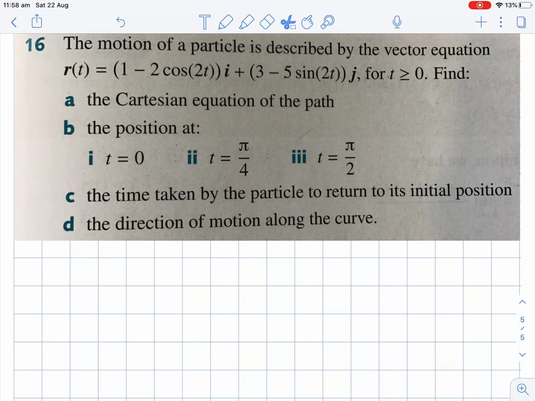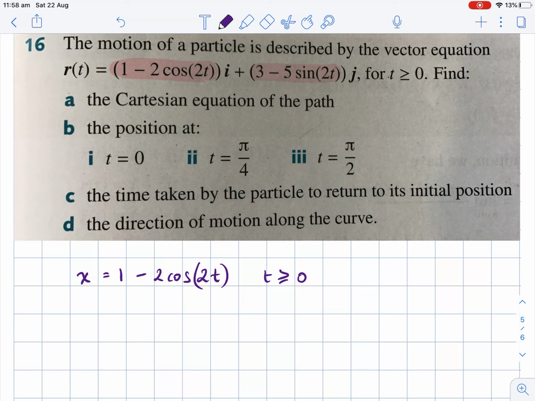And the first step here is we're going to find the Cartesian equation. So I'm going to recognise this as my x value and this is my y value, and I've got a trig function here, so I'm going to say that x equals 1 minus 2 cos 2t, and t is greater than or equal to 0.